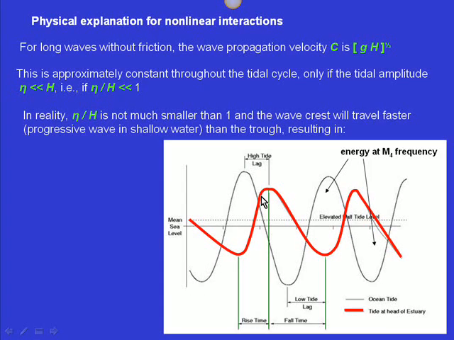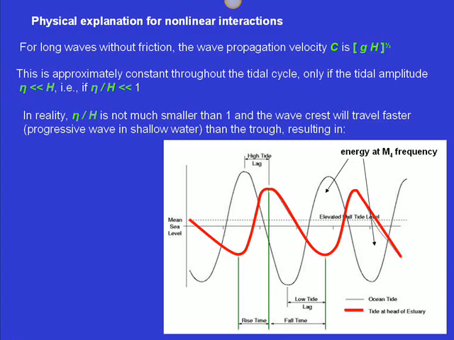And the blue line would be the tide at the entrance to the estuary. So that's the ocean tide, the blue one. And then this red tide would be at the head of the estuary. Notice how the tide goes down slowly because square root of gH is smaller, and it goes up very quickly because the square root of gH is large.